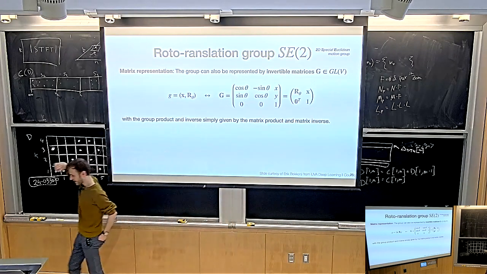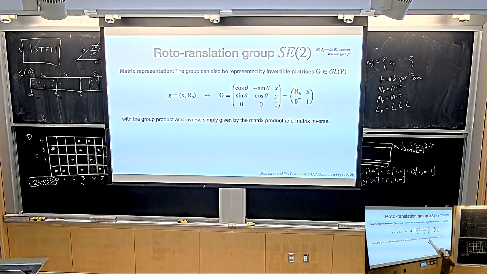So every group has a matrix representation. For instance, for SE2, we already said SE2 is represented by these matrices here. It has the translation vector on the right, and the rotation matrix on the top left, and then it has the 0, 0, 1. So this is the matrix representation of the group SE2. But the group SE2 is not these matrices. Instead, you can identify any element of the group SE2 in other ways.